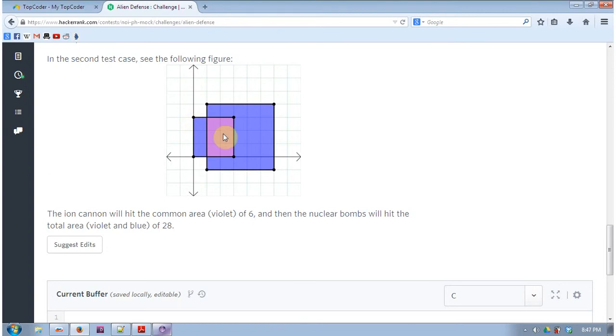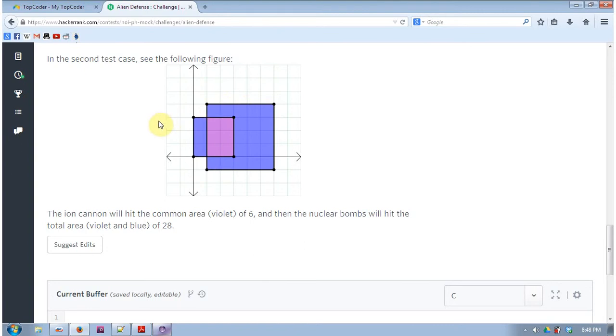The left square has smaller x values than the larger square. Whenever we get the intersection of the two squares, we have this bar, and then this bar, right?